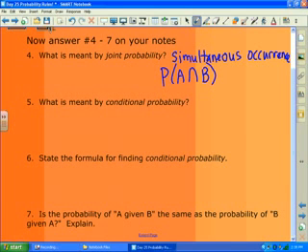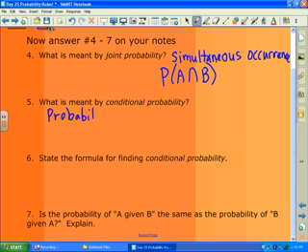No, not conditional. It's conditional upon something else happening. So how could you phrase that? No, not independent. Okay, how about this?